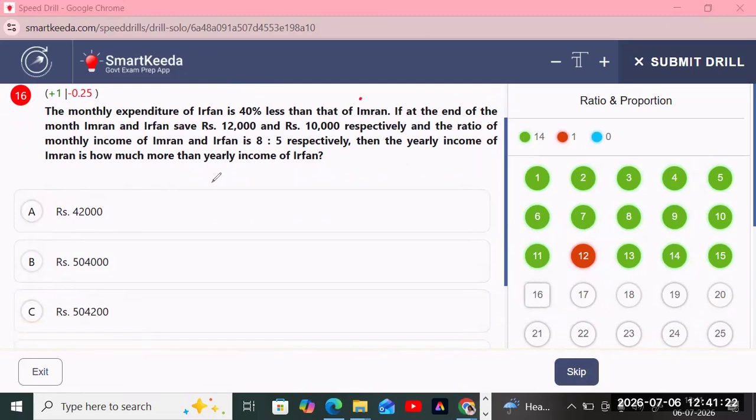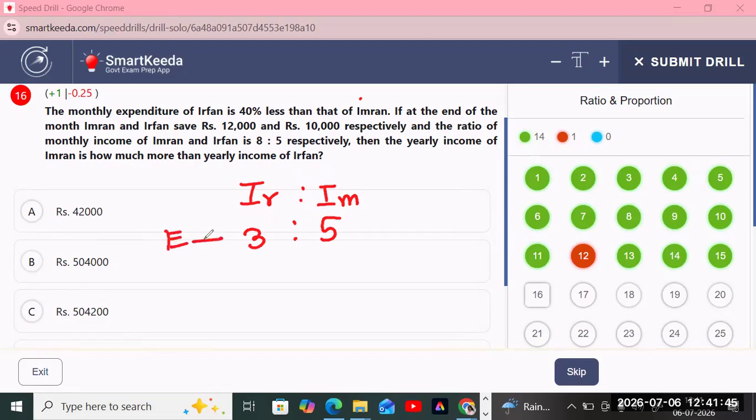The monthly expenditure of Irfan is 40% less than that of Imran, meaning 3/5 are the expenses.